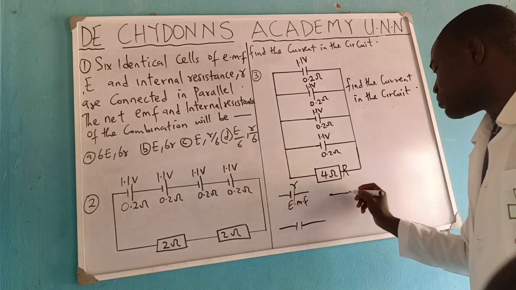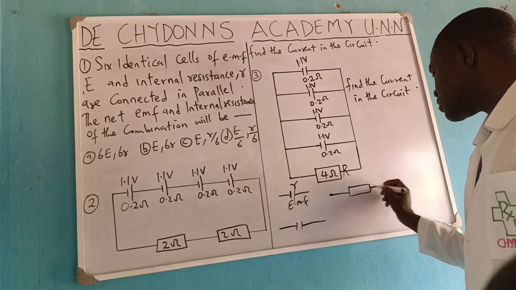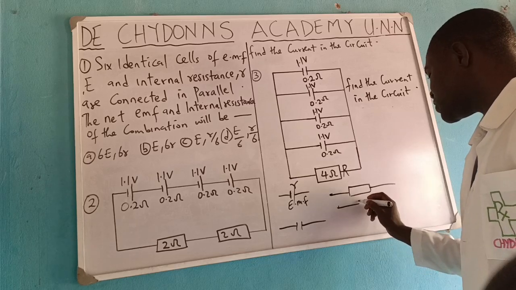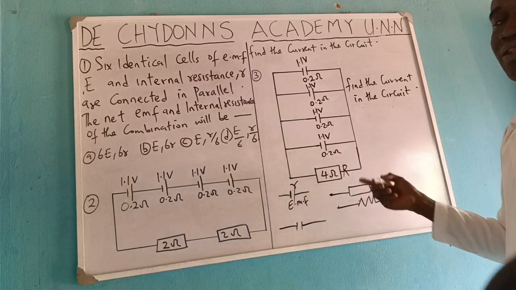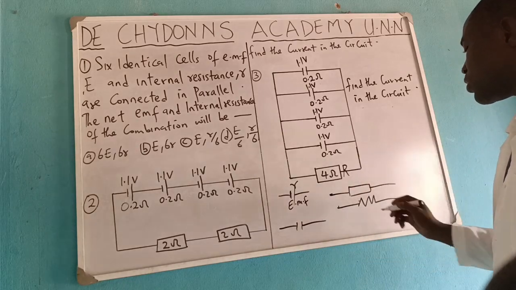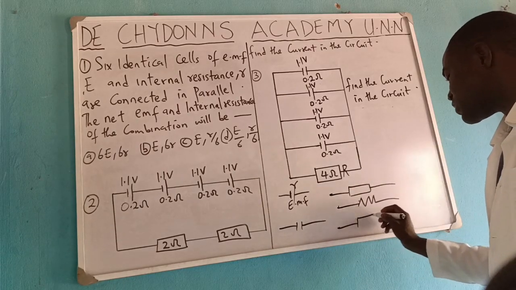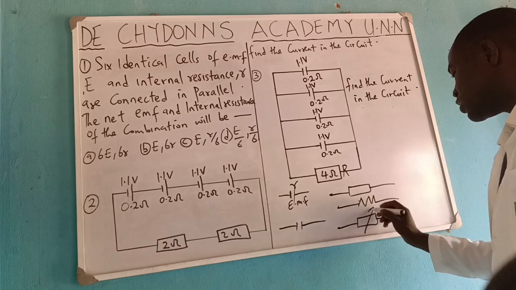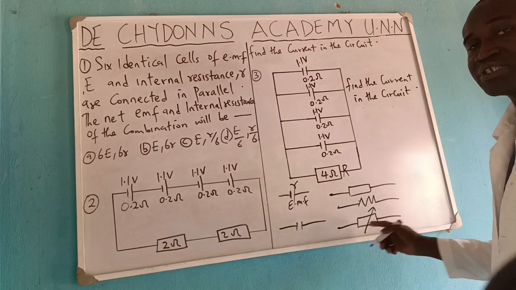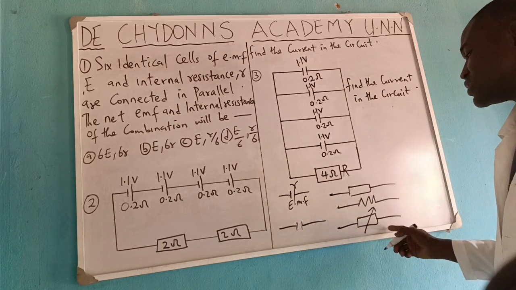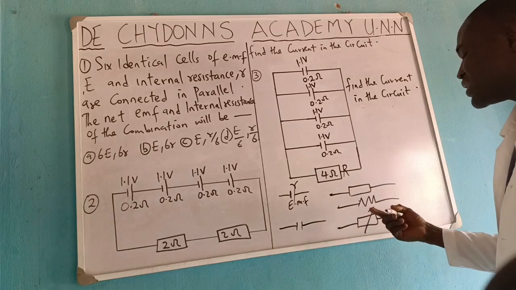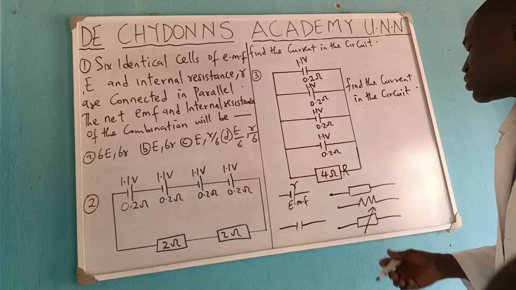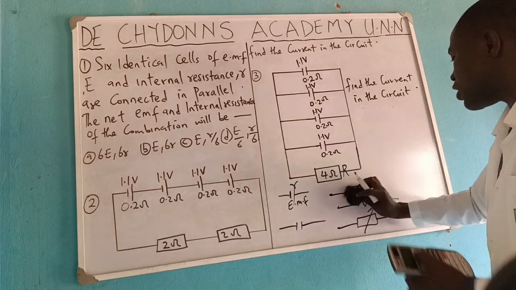Then when you have something like this is what we call a standard resistor. But when you have it like this is a variable resistor or rheostat. So there is need for you to note how to identify any of these symbols. Now let's see how to solve this question.